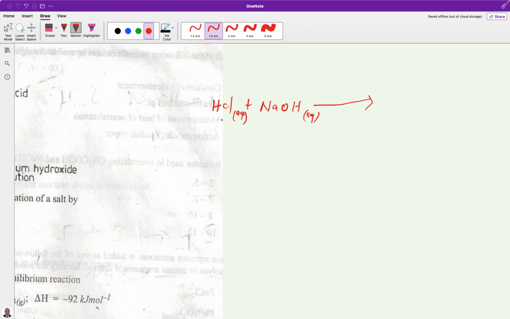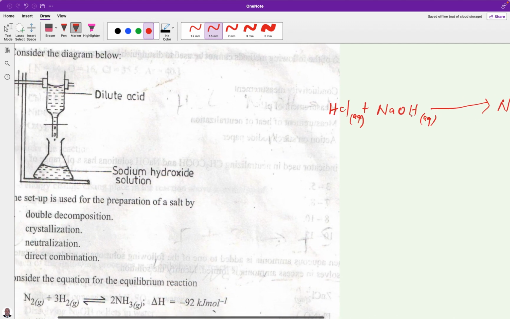This is an acid alkali or acid-base titration. We will have sodium chloride plus 1 mole of water. Formation of 1 mole of water indicates neutralization. This is salt.